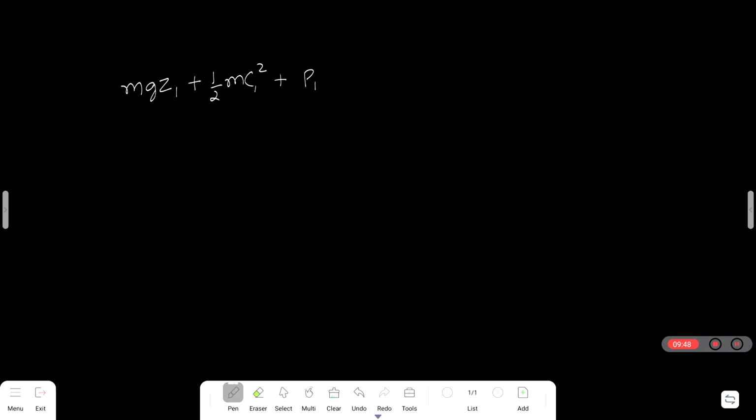So P1 A1 L1, sorry, volume. So volume itself is P1 V1 plus whatever heat is added to the system.